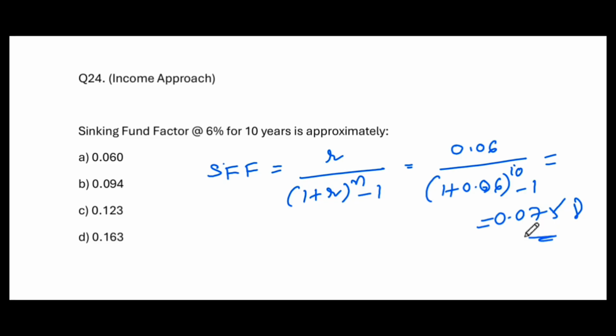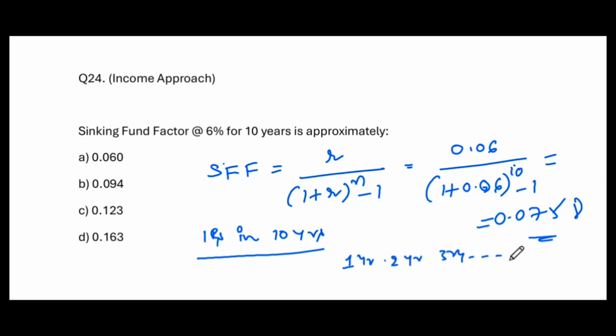What is this value? What is the concept behind it? Suppose I want to make 1 rupee in 10 years. I have a span of 10 years: first year, second year, third year, and so on, up to 10 years.